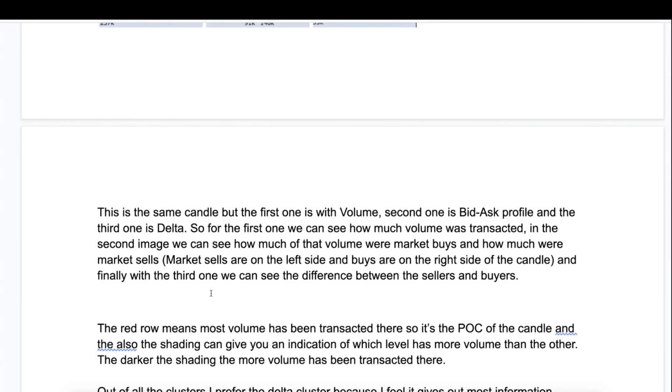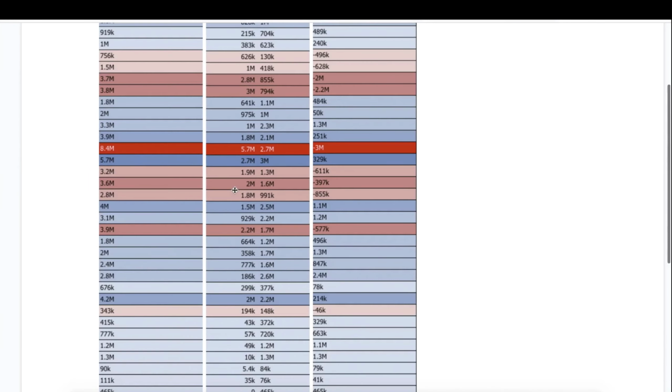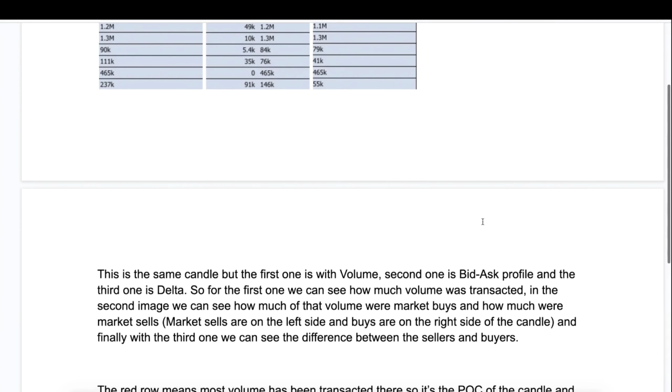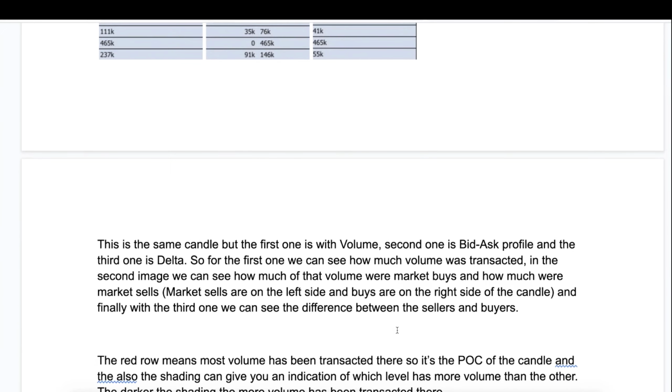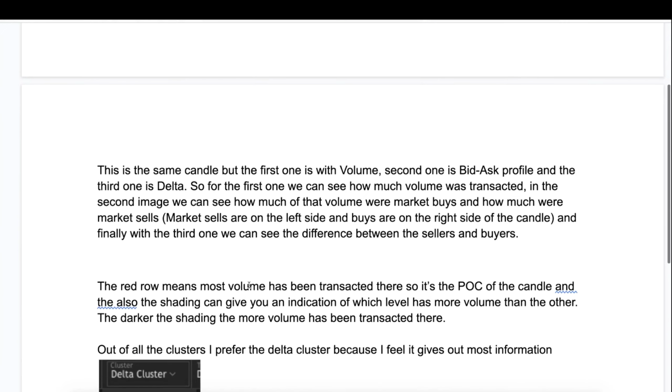So for the first candle, we just see how much volume was transacted. In the second candle, we see buys versus sells. In the third candle, we see the delta. This is the difference between buyers and sellers. The red row, the red tick, is the point of control in the candle.